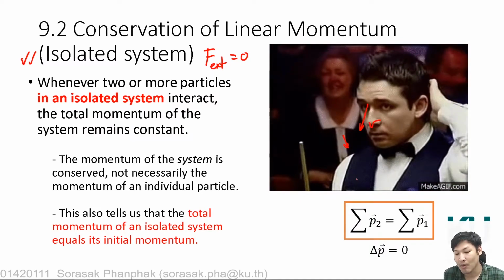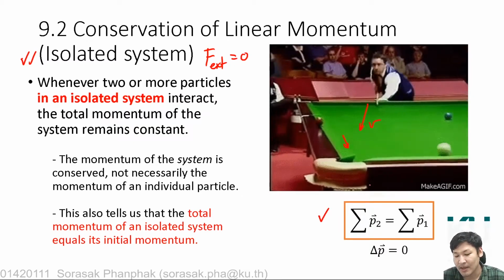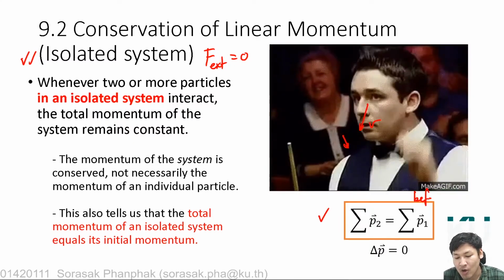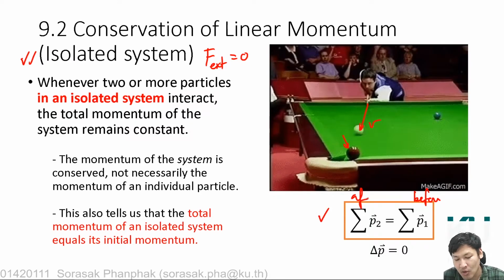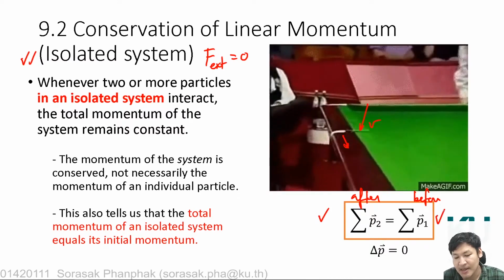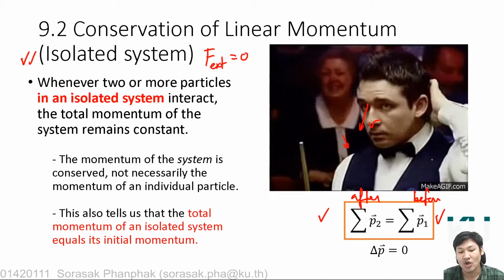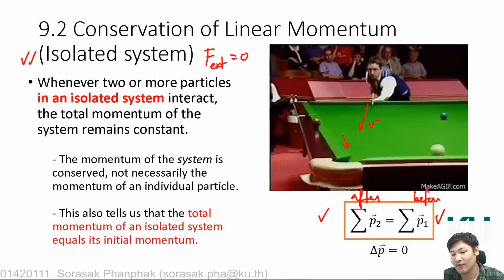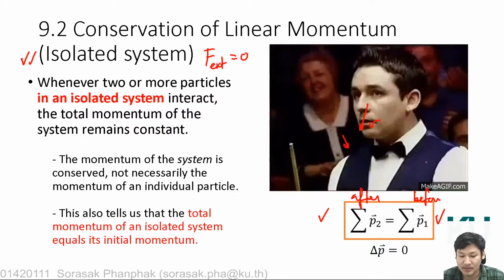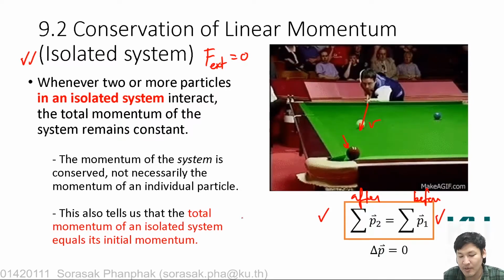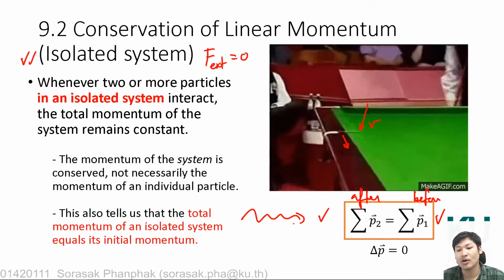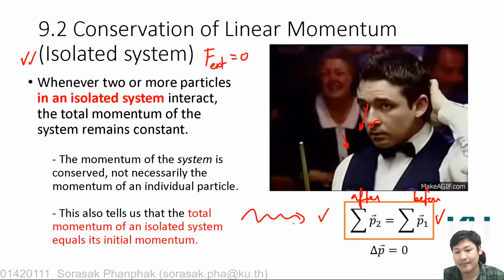However, the total momentum from the event, before the collision and after the collision, should be the same due to the conservation of linear momentum. And we will investigate this more through examples.